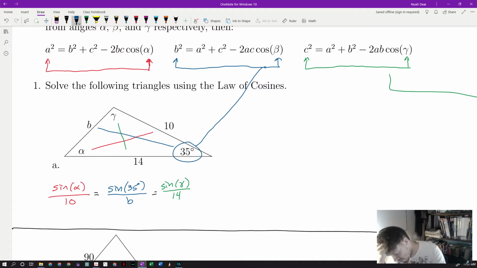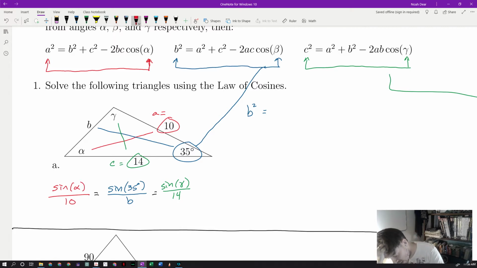So let's plug that in. Let's just go right at it here. We've got b squared, we don't know. We're trying to find b. This equals a squared, so a is 10. I know that because it is across from alpha. C is 14. I know that because it's across from gamma.